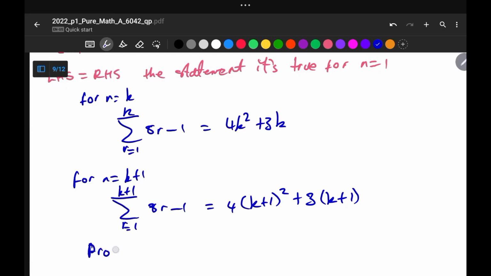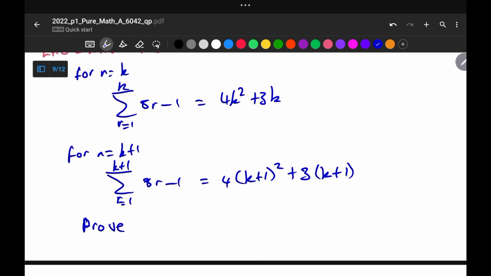So we want to prove that if we are having k plus 1 here, from r is equal to 1, 8r minus 1, this is equal to the sum to k of 8r minus 1 plus the k plus 1th term.